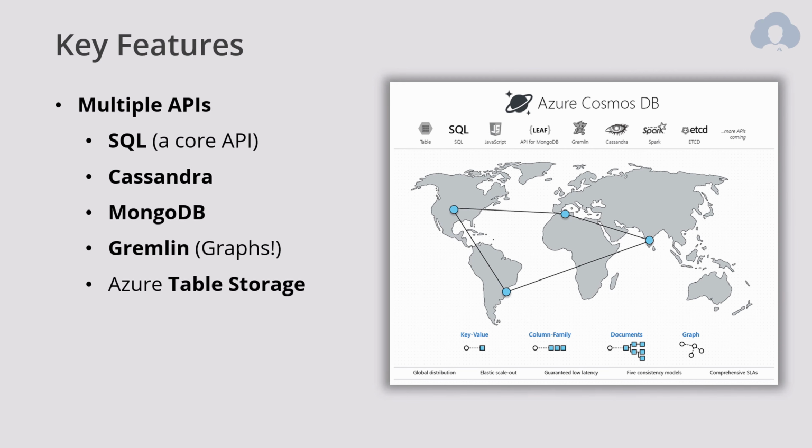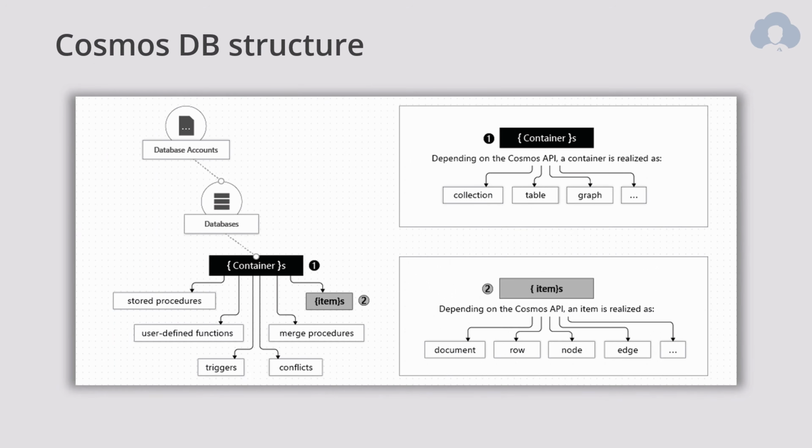So you can query your data just like you would with any normal database. Additionally, you have APIs for Cassandra, MongoDB, Gremlin if you're working with graphs, but also if you're migrating from table storage to something more performant, you can use the Azure Table Storage API, which allows you to use the SDK for table storage.